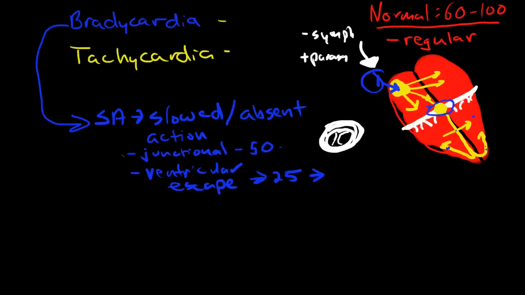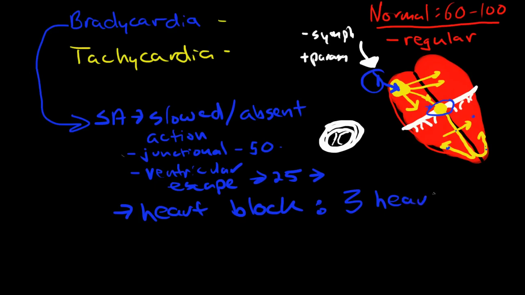What we'll end up with is a heart block. I'm not going to get into all the details, but if you remember from your early nursing courses, there are three types of heart blocks, and they all involve dysfunction of the AV node to different degrees.